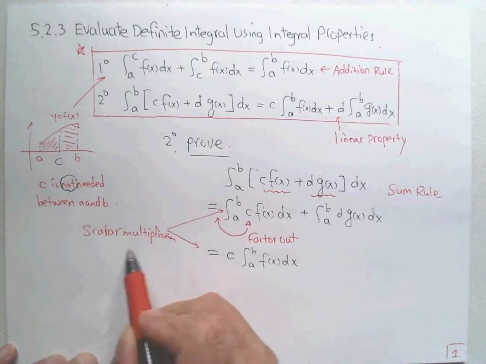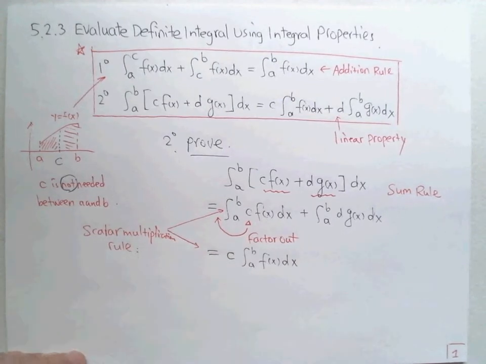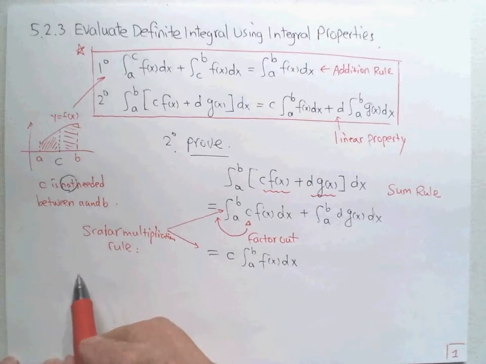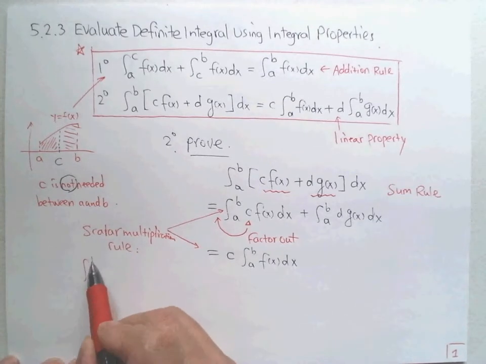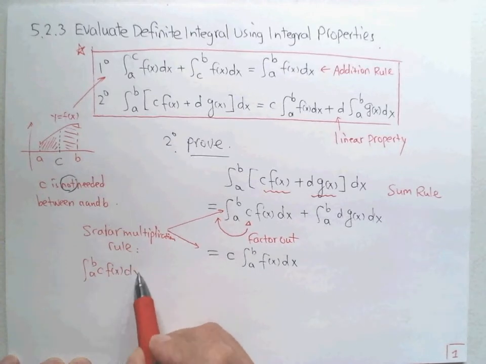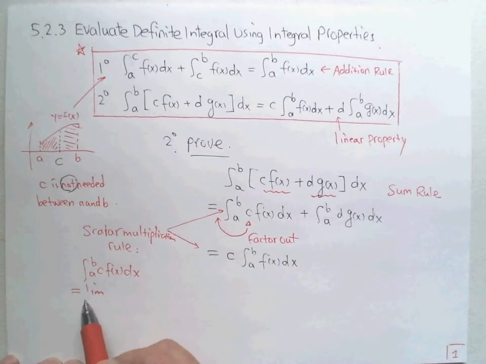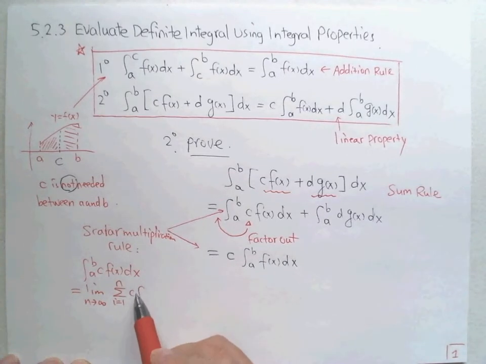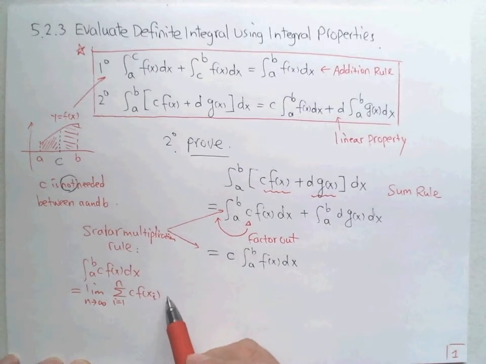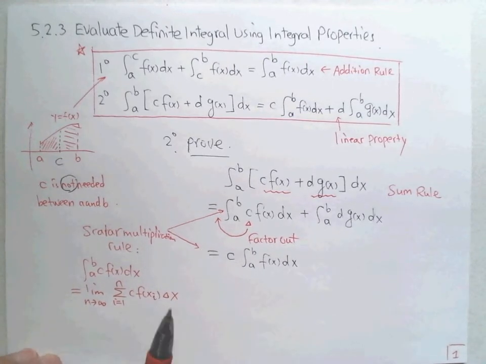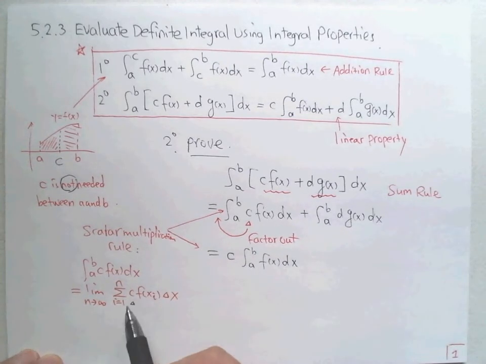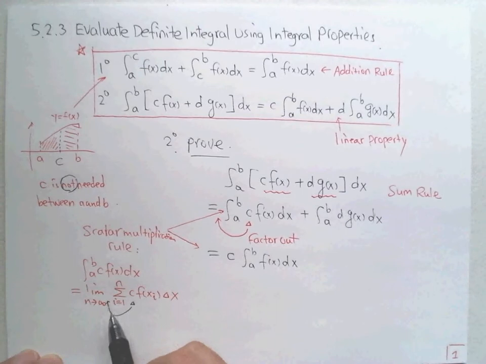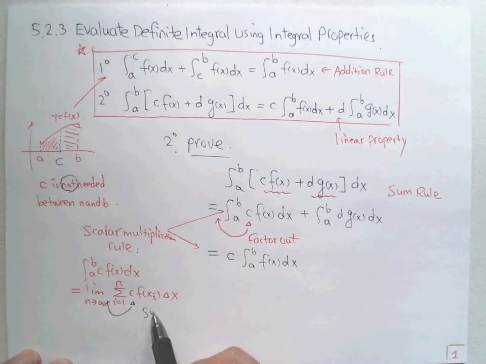Why? Because the integral from A to B of c times f(x) dx, I'm going to use the limit definition: the limit as n approaches infinity of the sum from i equals 1 to n of c times f(x_i) times delta x. Remember, c is a constant number and does not depend on i, so this c we can factor out. This is what the summation rule is. We use the summation rule.